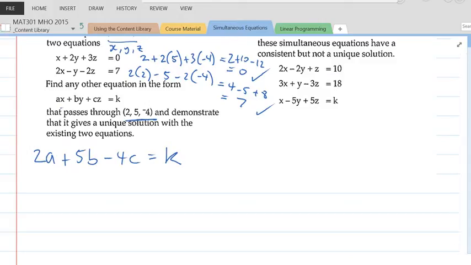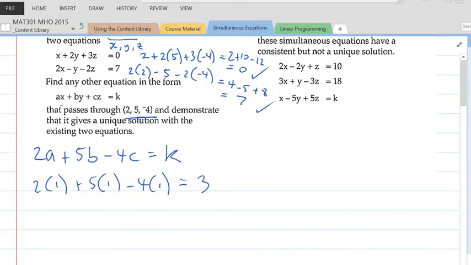So I might try and find some really easy values. And so why don't I just try, if I tried ones, what's going to happen? So I'm going to have 2 ones plus 5 ones minus 4 ones. I'll get 2 plus 5 is 7 minus 4 is going to give me 3, right?